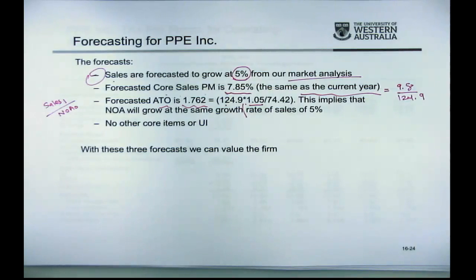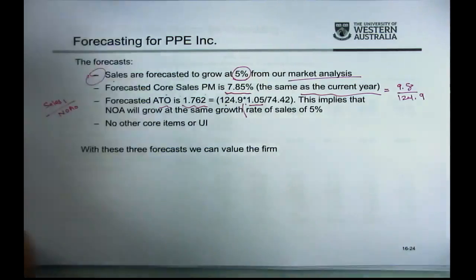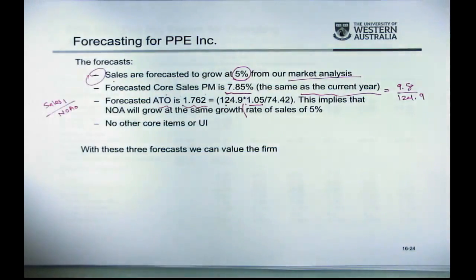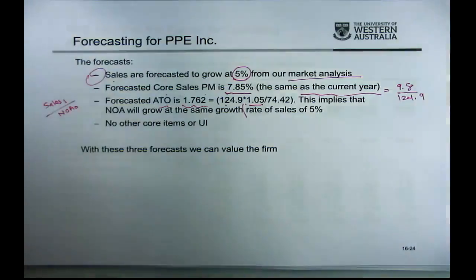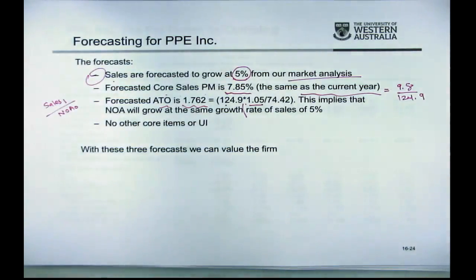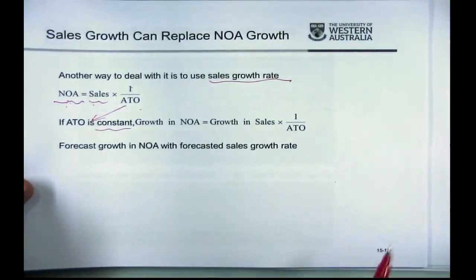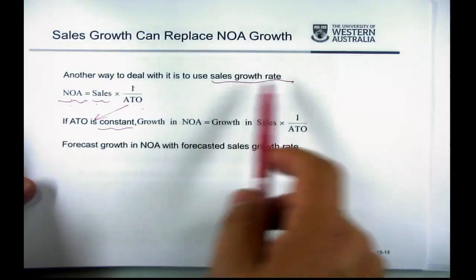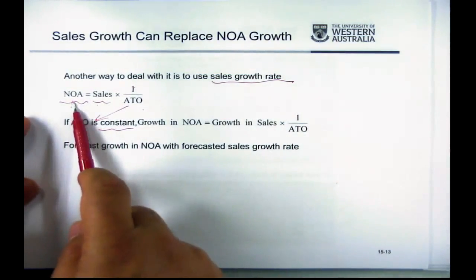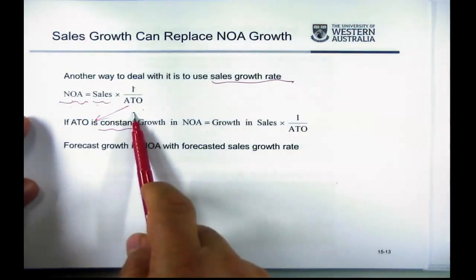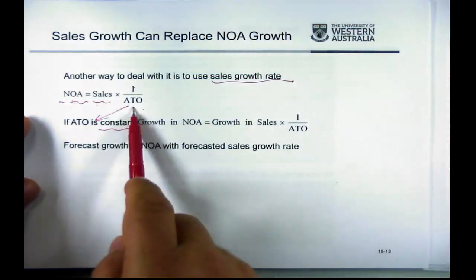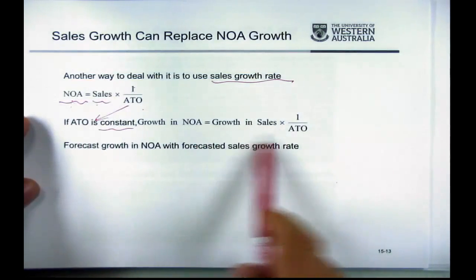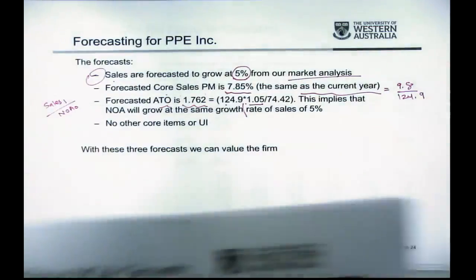Another way to deal with the growth is to use the sales growth rate. Remember that net operating assets is equal to sales times 1 over ATO. We said that if ATO is constant, then the growth rate in net operating assets will be equal to the growth rate of sales. You remember?